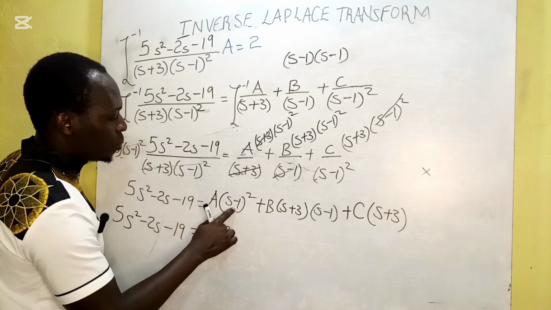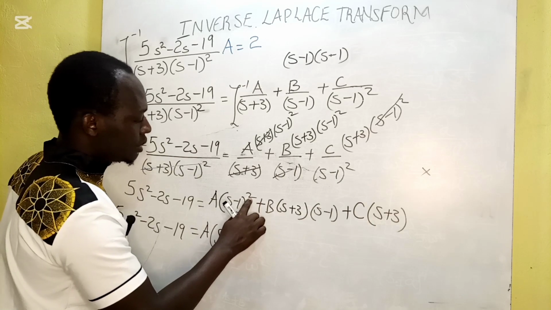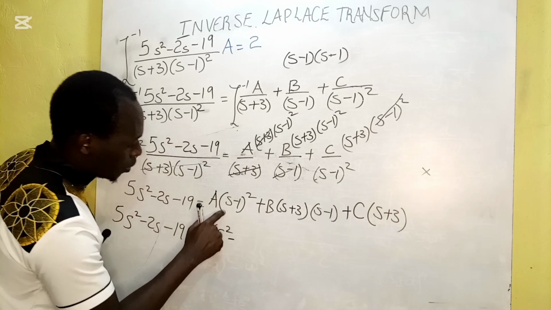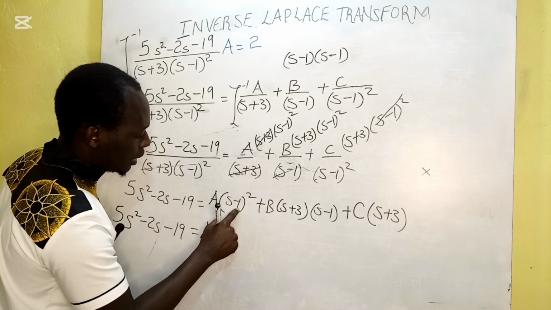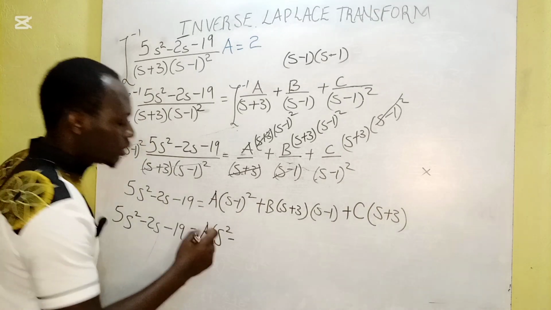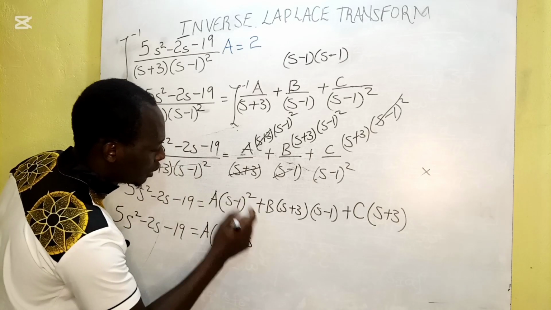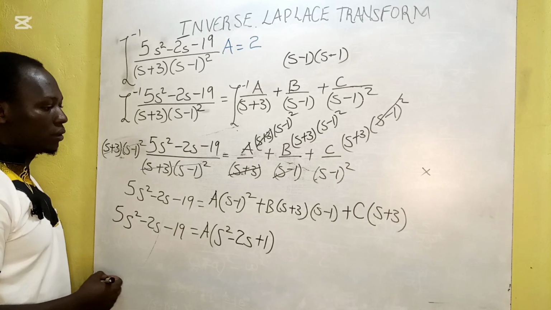s². When you open this bracket here, because it is s squared, we are going to have s², we subtract s multiplied by a negative of 1, we are going to have a negative of s, we multiply by 2, and now we are going to have 2s, and here we are going to have a positive of 1.